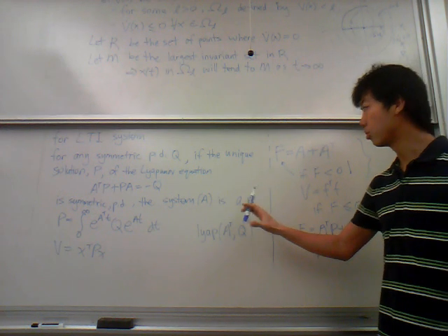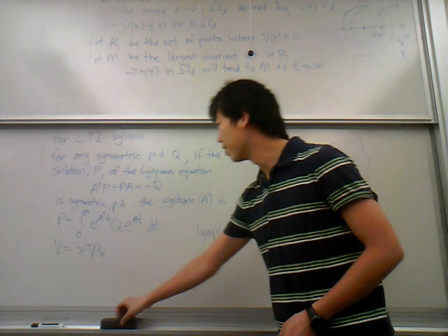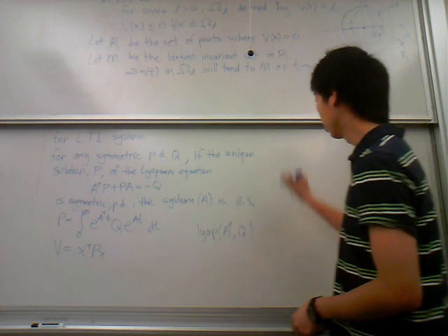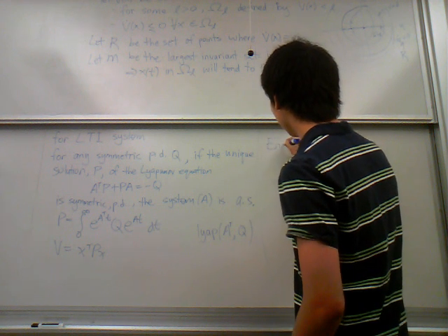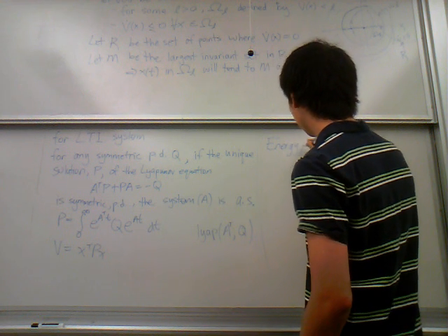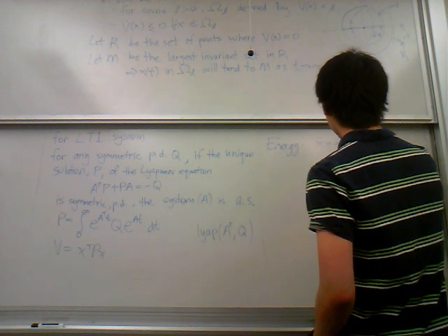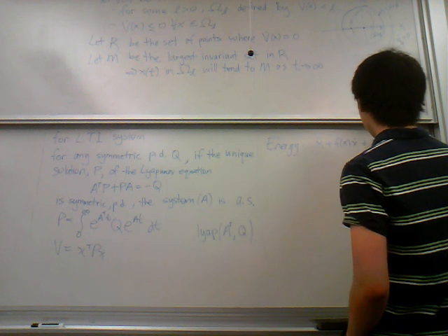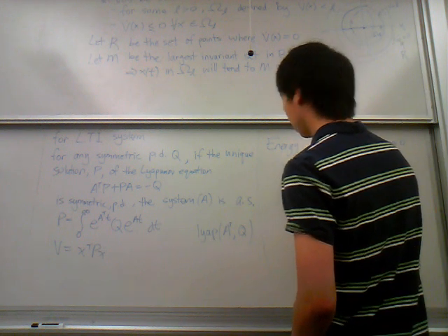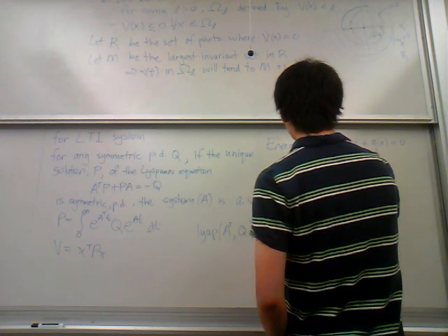So for linear systems, this is true. For nonlinear systems, generally, you have to follow the other methods for finding Lyapunov functions. For instance, energy: if you're given x double dot plus f of x, so if your equation is of this form, you could try this.